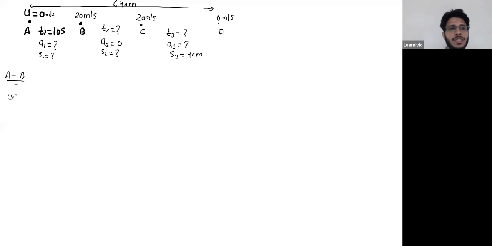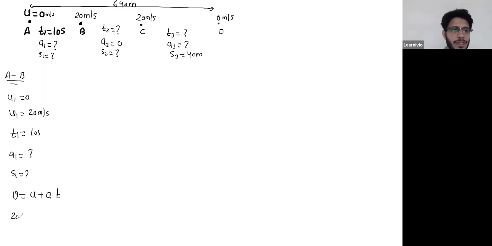From A to B, initial velocity is 0. Final velocity is 20 meter per second. Time is given, 10 seconds. Acceleration is not given. Displacement is not given. To calculate acceleration, we can simply use the equation v is u plus at.